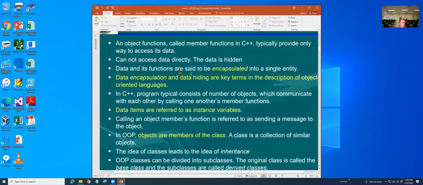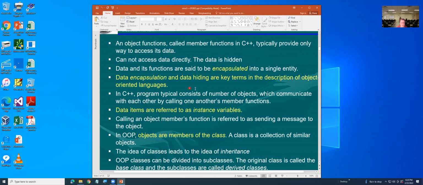Data and its functions are said to be encapsulated. Try to understand what encapsulated means. That means the function and the data must work together.